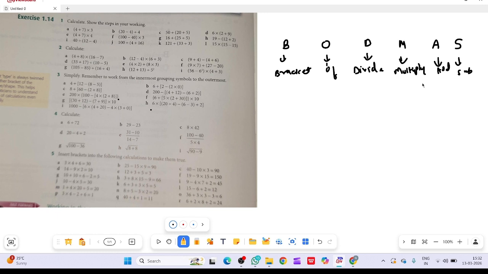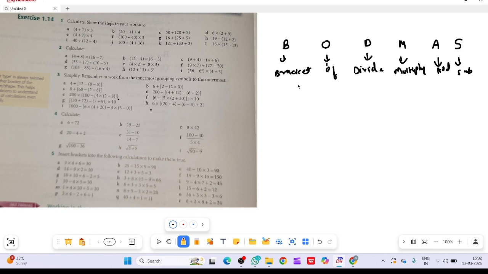And we have reached exercise 1.14 till now. Today, we are going to complete this. But how? Bracket, of, divide, multiply, addition and subtraction. When there is an expression which contains brackets, multiplication, division, addition and subtraction, what will you solve first?